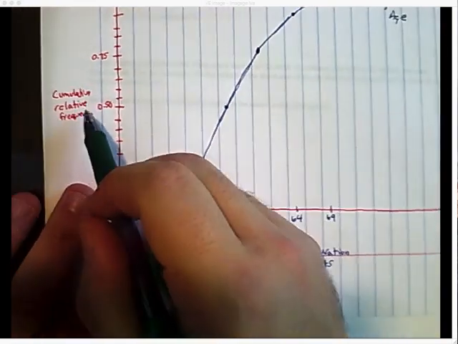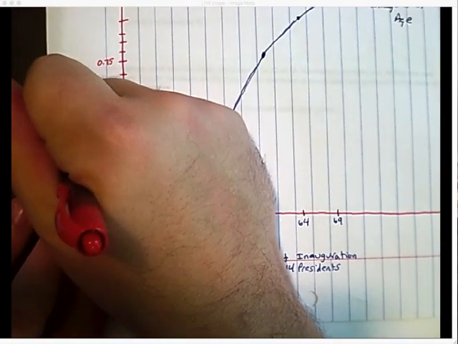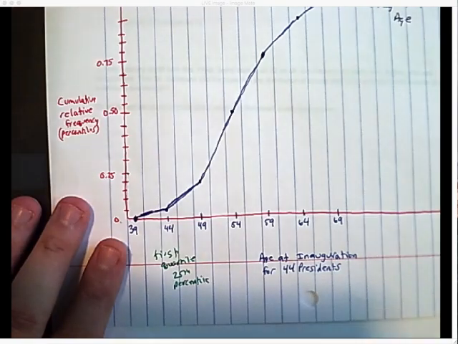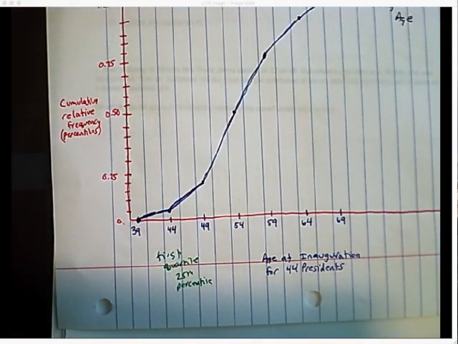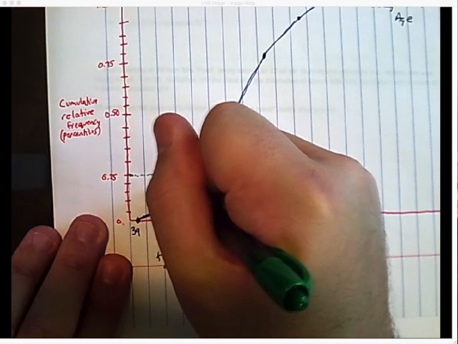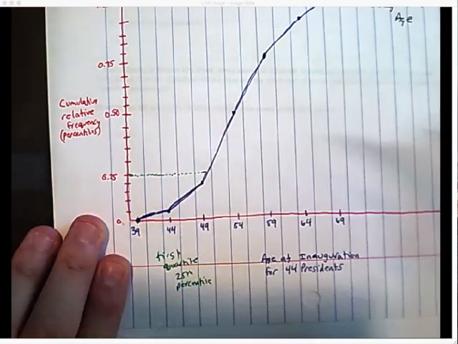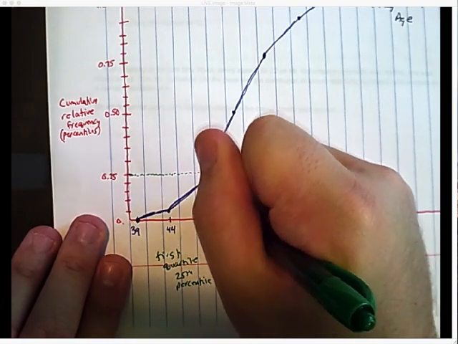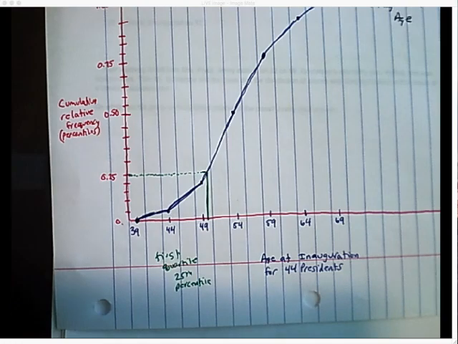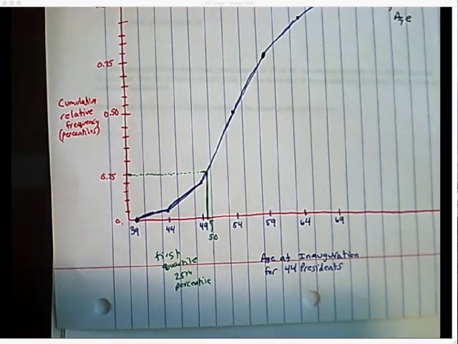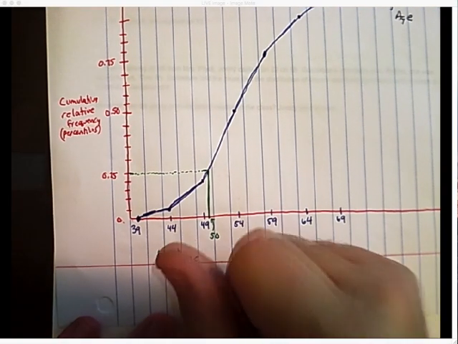These cumulative relative frequencies are the same things as percentiles. Okay, that's what they are. Cumulative relative frequencies are percentiles. Okay, so take this 25 over, estimate where it hits the graph, and then take it down. Okay, so the 25th percentile would be, just estimating, around 50 years old. So the Q1 here would equal 50.